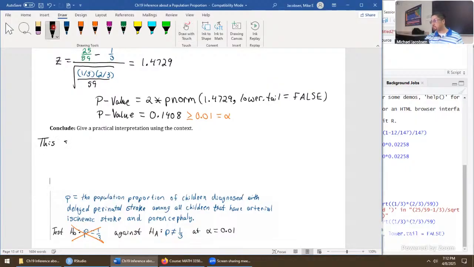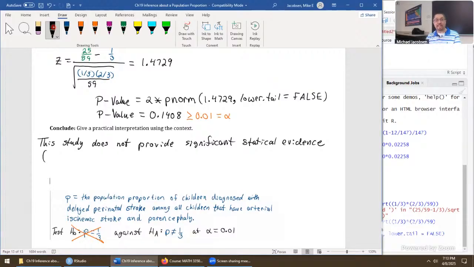This study does not or fails to provide significant statistical evidence. And if you like citing the alpha value, like we mentioned last class, we could cite it here as well. I'll do it in a parenthetical, but this would be optional.